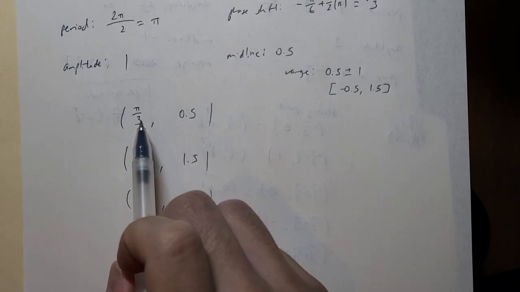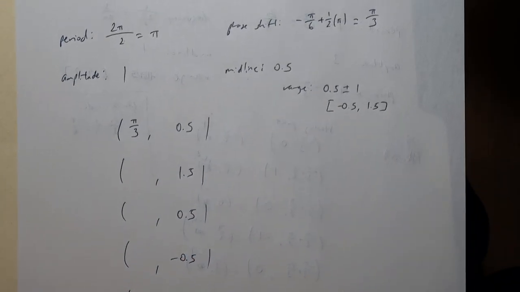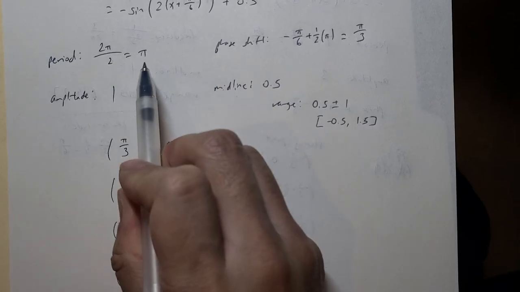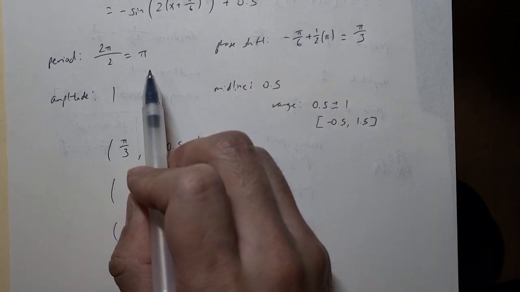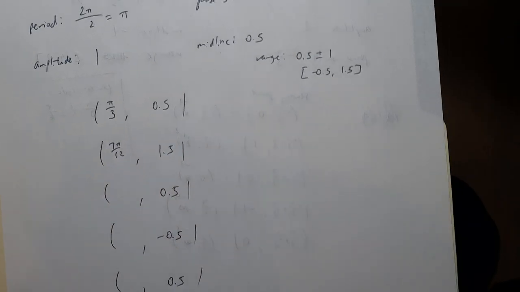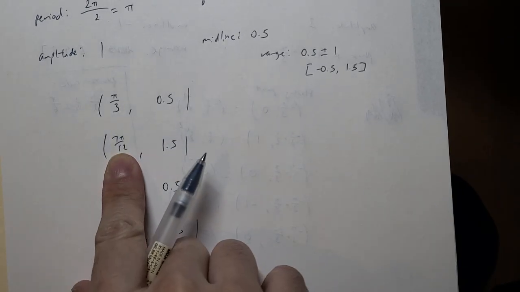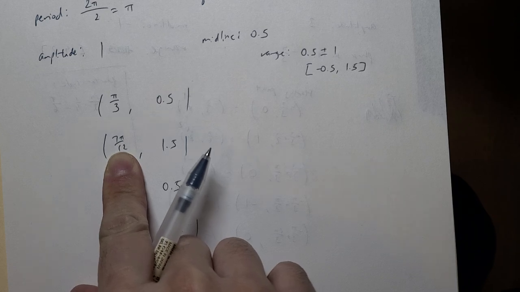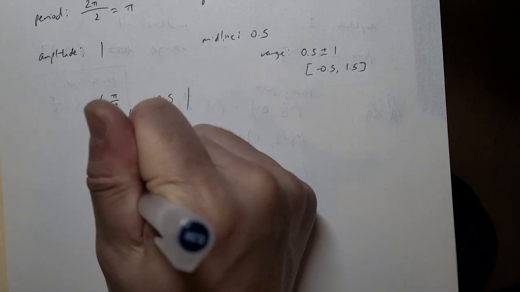Now for the x's, we keep adding a quarter cycle to each of the x's. Okay, so we start from pi over 3, add a quarter cycle, so plus pi over 4. If I do the math, it is 7 pi over 12. If we add another pi over 4 here, that would be 5 pi over 6.